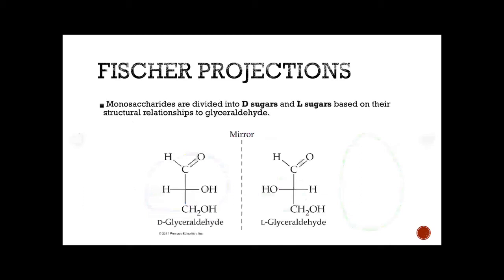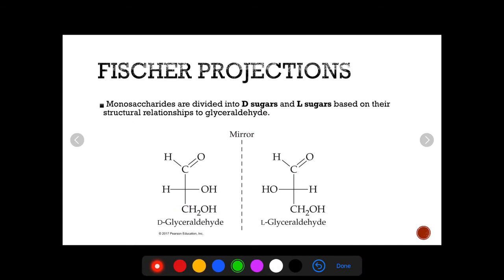Okay, monosaccharides are divided into L and D sugars, based on their structural relationship to glyceraldehyde. So in the D form, the OH points to the right. So if you have a D sugar, the OH is going to be on the right side. On the L sugars, the OH is going to be on the left side in the Fisher projection.